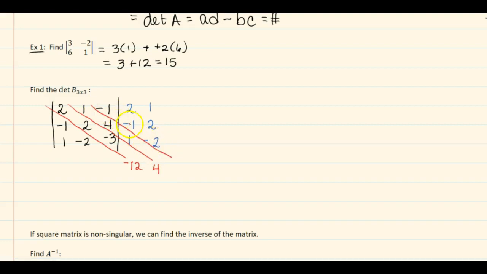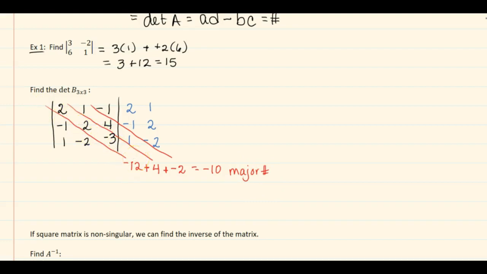That's -1 times -2, that gives me -2. And then I'm going to add these numbers. When I add these numbers, I'm going to get -10. If you want to think about these as the major numbers, why do I call them major numbers? Because these are going down the main diagonal.